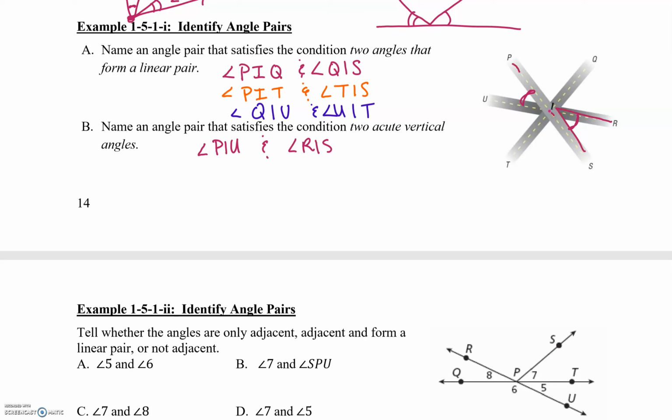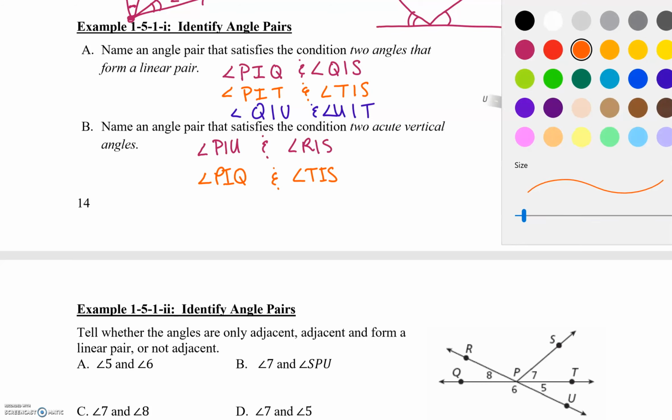Okay, and then if you want another pair, then you could have PIQ and TIS.